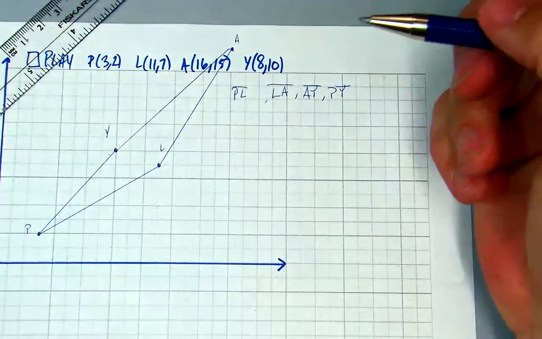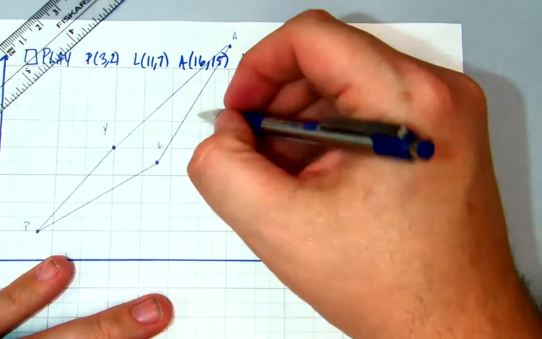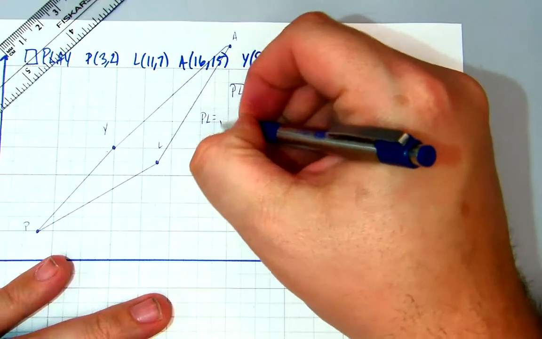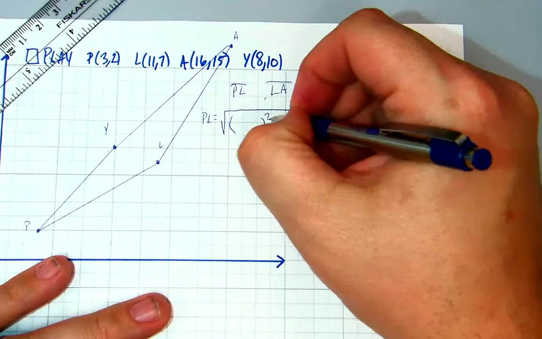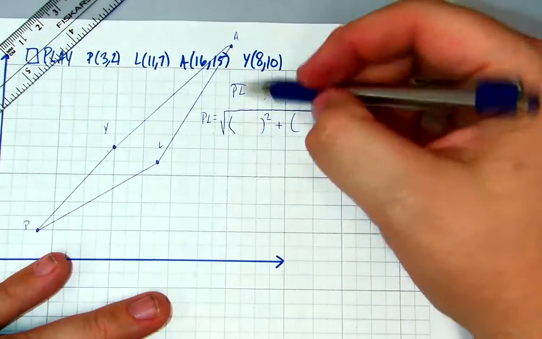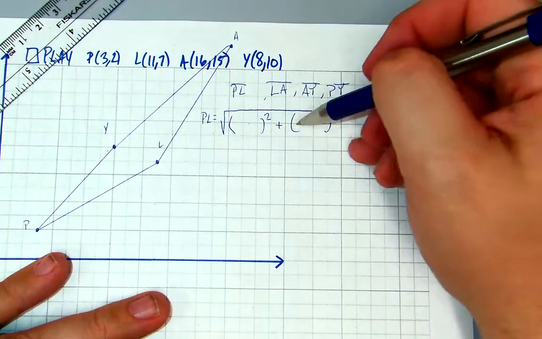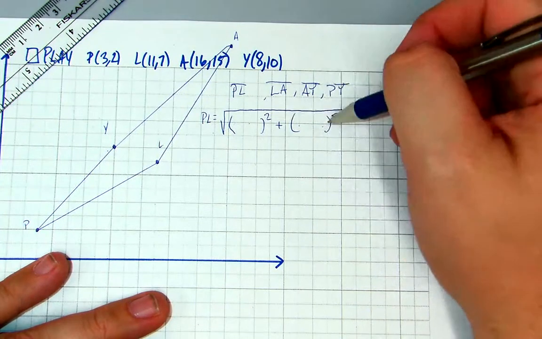Now, in order to classify the shape, we have to calculate the lengths of each one. So for PL, one way to do this is to use the distance formula, which would be the difference of the x's plus the difference of the y's with each quantity squared.